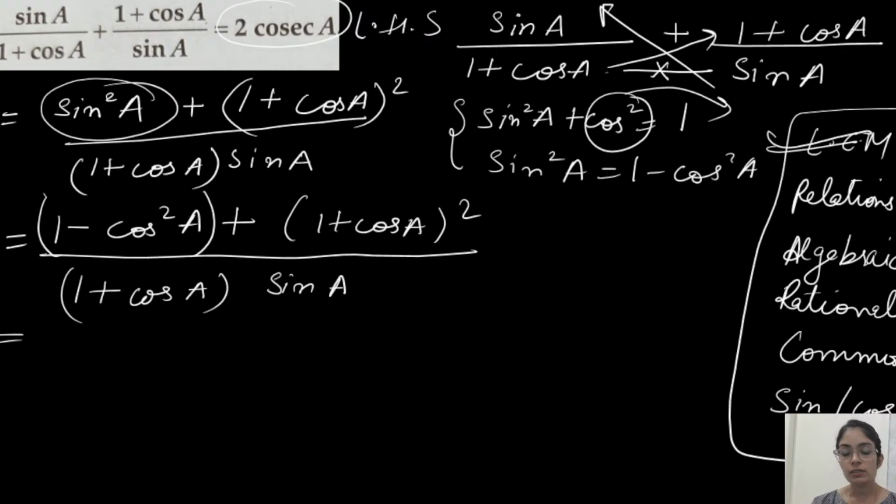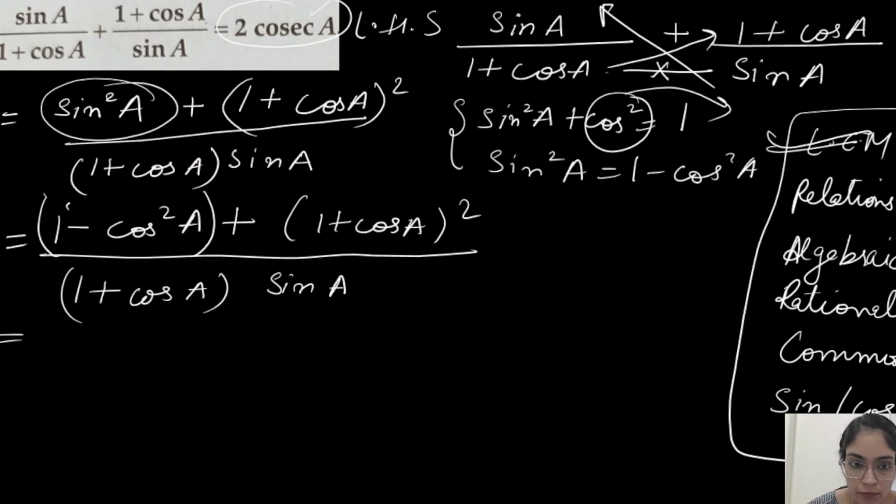So which relation can we use now? Sin square A plus cos square A. Okay, so we will not do expansion. See, the right hand side is a very small term. If we do expansion here, A square plus B square plus 2AB, it will complicate things. So what will we do? We will factorize it. So how to factorize?